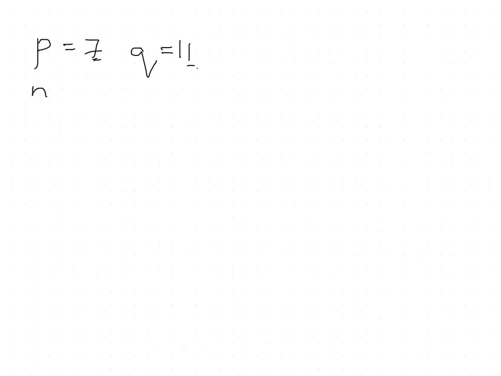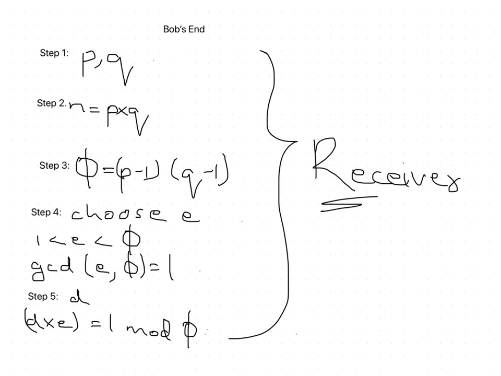Next, I need to calculate n equal to P into Q, which is going to be 7 into 11, which is nothing but 77. I'm done with the first and the second.